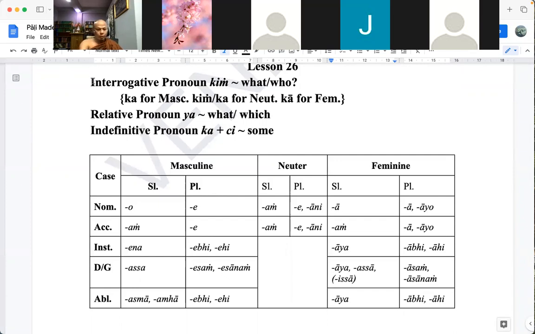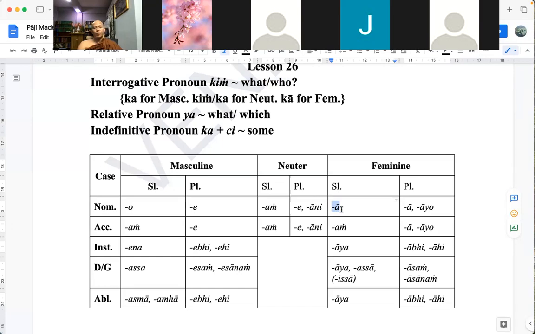So this is for the interrogative pronoun ka. Based on gender, maybe ko is masculine, that refers to who, a man or something. But if it is asked for a feminine, then ka means who, she, or who is she, and so on.